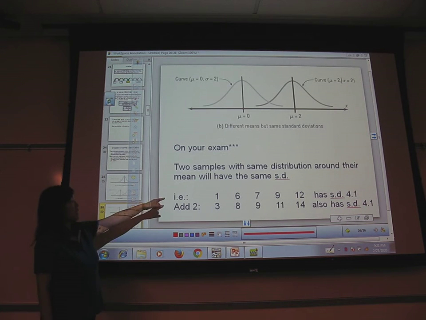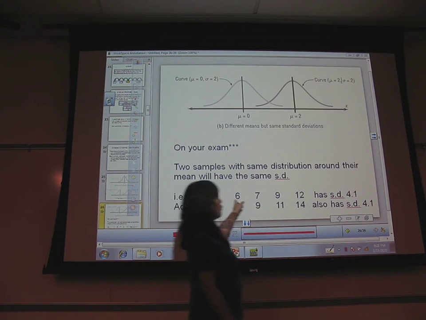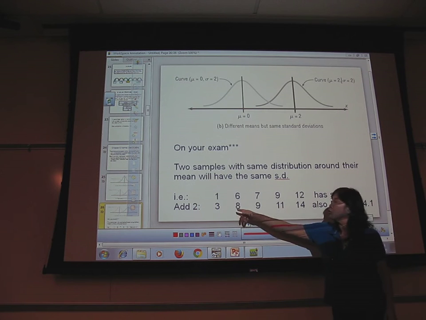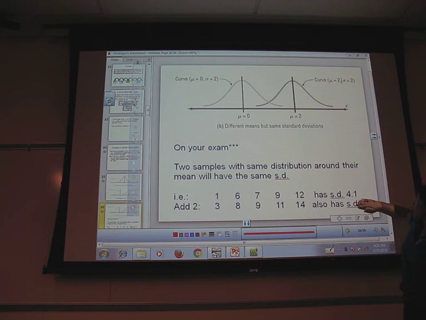So, if I take these top numbers here, which have a mean of 7 and standard deviation of 4.1, and I add 2 to every single one of them, what would be my new mean and my new standard deviation? Talk to your neighbors, what do you think? Think in the top row, I'm adding 2 to every single one of them. What's the new mean and standard deviation? The shape is just longer.